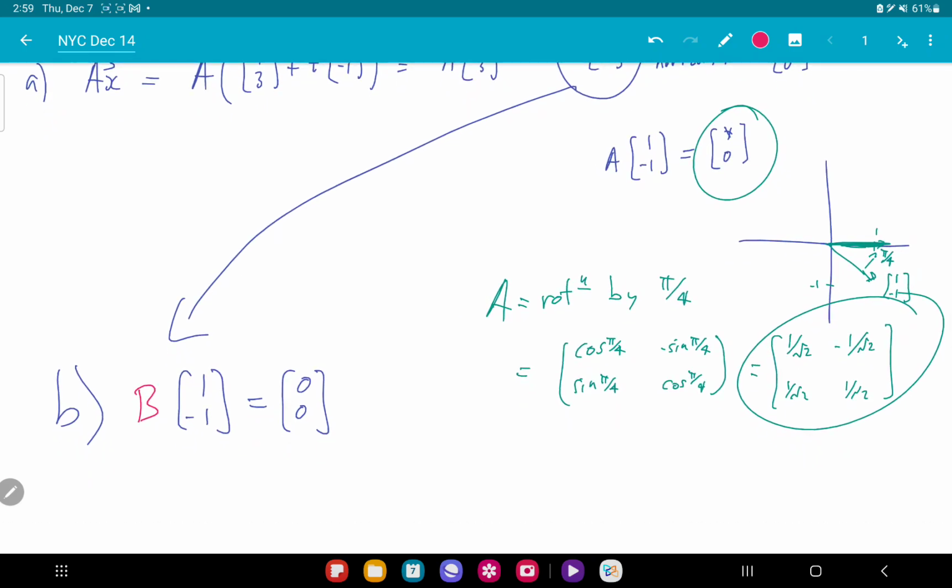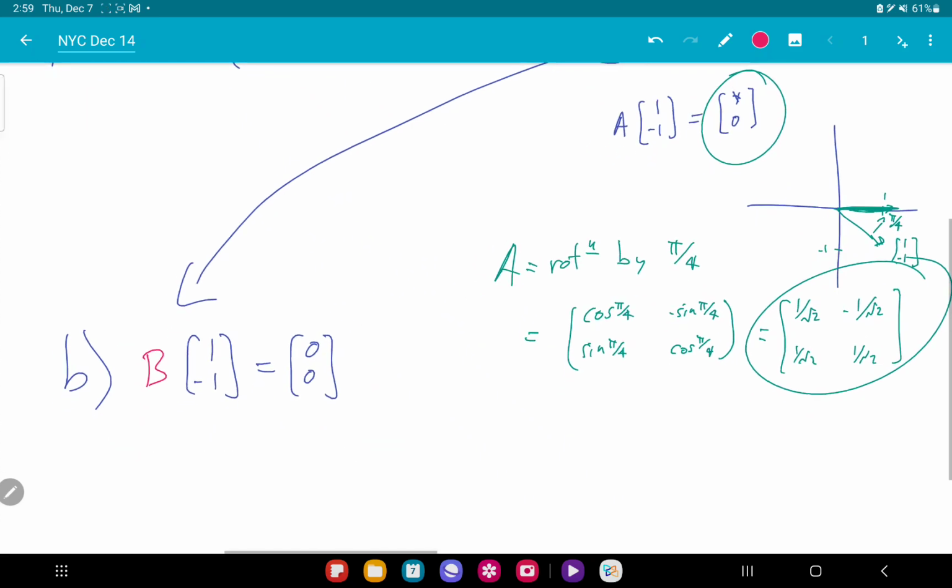So I need to find a matrix B that will make this happen. So this is just a guess and check. I'll choose B to equal this guy here. And you can check that this does work.